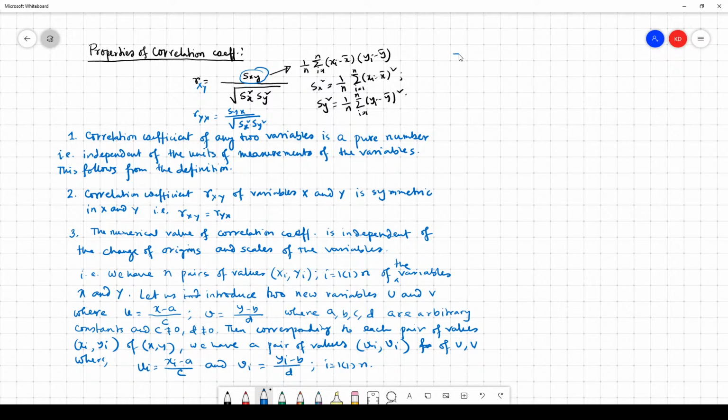This implies xi equal to a plus c ui for all i from 1 to n, then x bar equal to a plus c u bar.